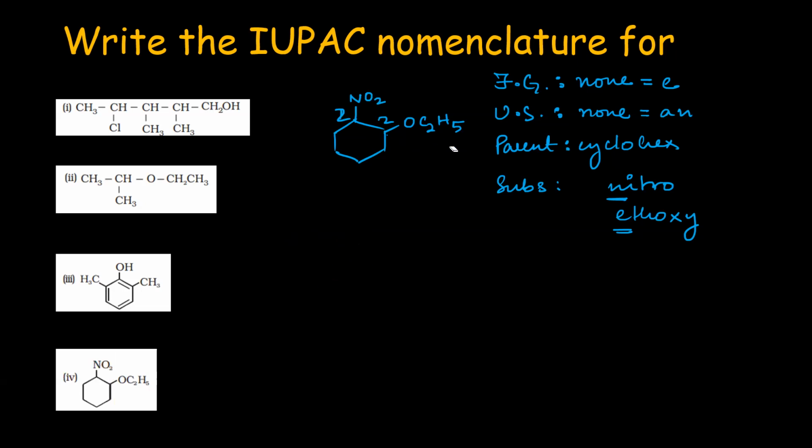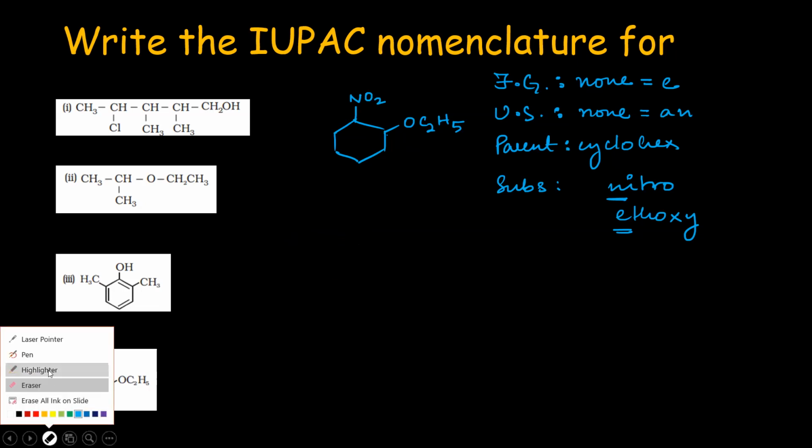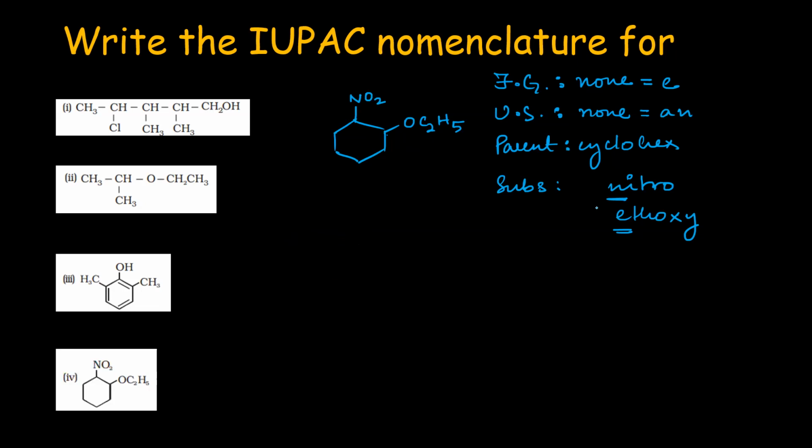To remove that choice, IUPAC nomenclature says you start the numbering from the substituent which comes earlier in alphabetical order. So this will be 1 and this will be 2. So you have 1-ethoxy-2-nitrocyclohexane.